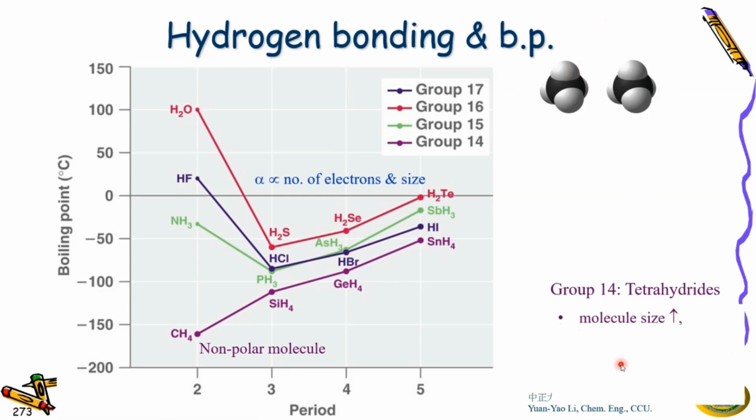So molecular size increases, and the electron number increases, right? The valence electron number increases, and then polarizability increases. If the polarizability increases, what does that mean? Induced dipole increases. This is a nonpolar molecule, ladies and gentlemen, nonpolar. Induced dipole increases, and boiling point increases.